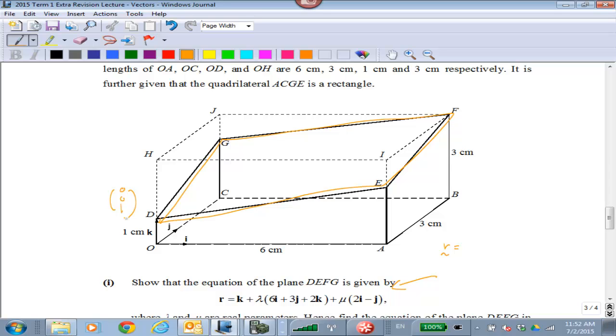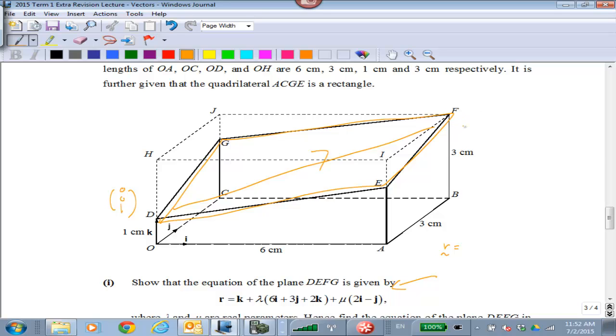The next thing is this. Must imagine, DF is a vector on the plane. Can I find DF? How?